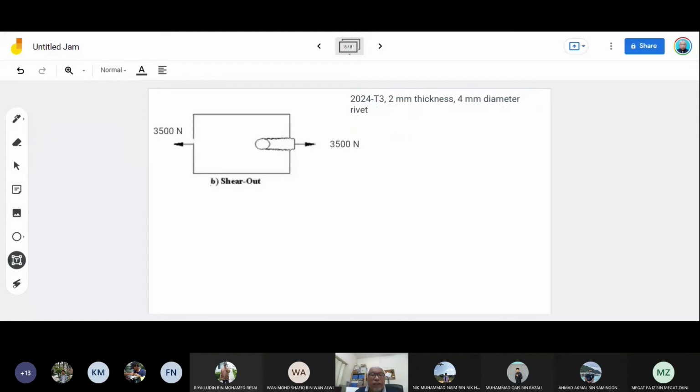Shear is FSU. We have to go back and look at the table.